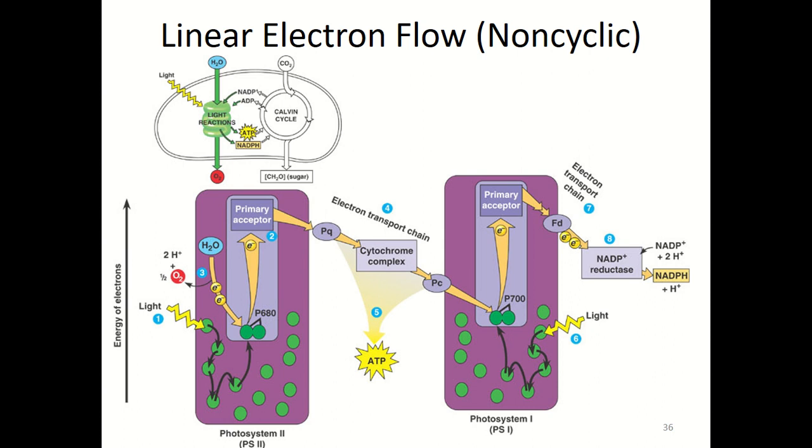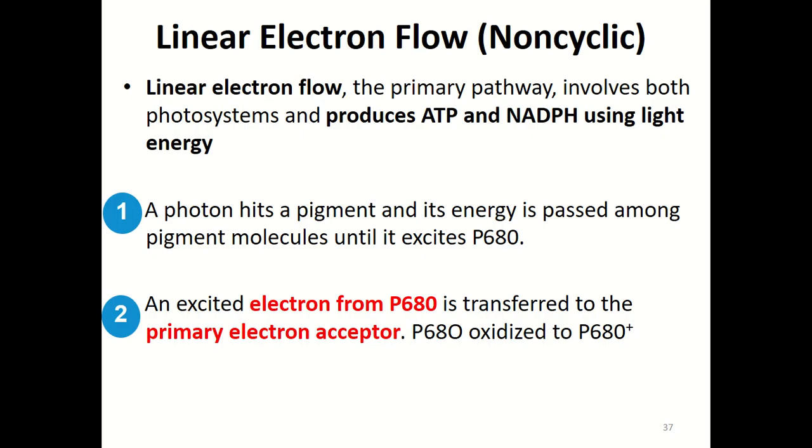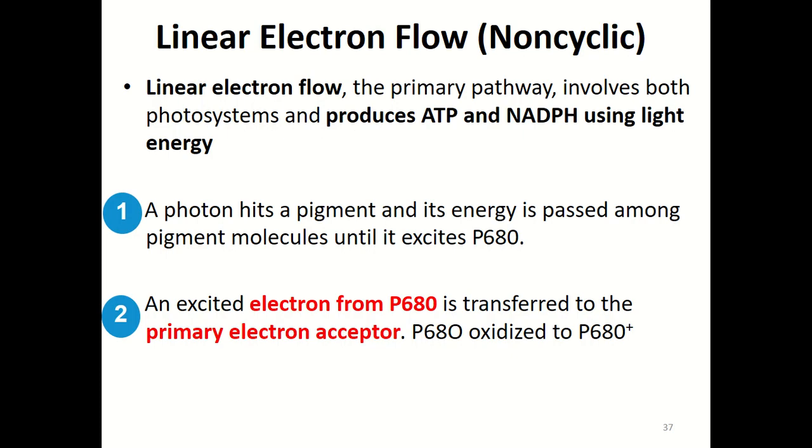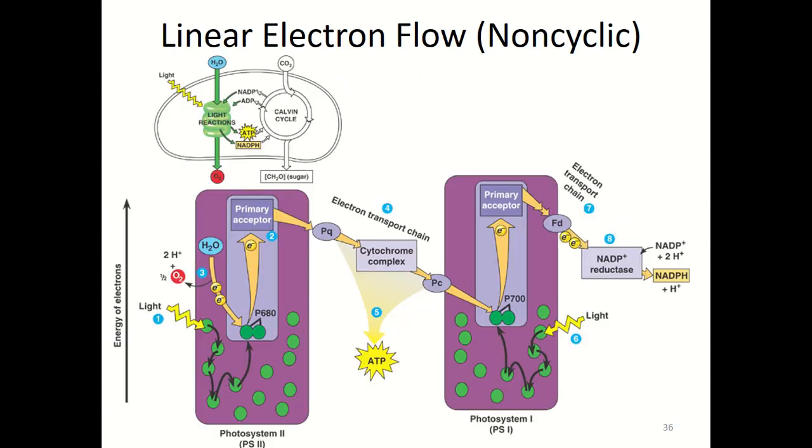Okay, let's go. Let's look one by one. First, okay, this is the non-cyclic light reaction. First, what will happen? Number one, a photon hits a pigment and its energy is passed among pigment molecules until it excites P680, photosystem 2.